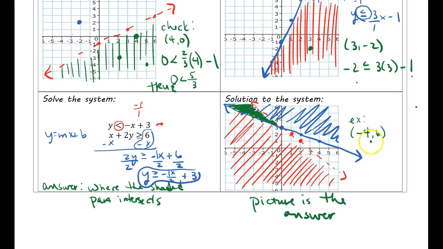But if you take that point that's inside the green, what would happen is if you plug it in to both equations, it would be true in both equations. So example, the point blah blah blah would make both equations, or I should put inequalities, true.